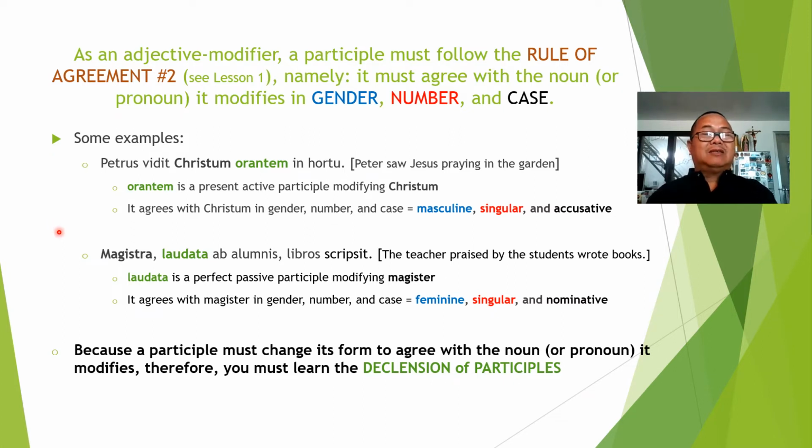We have to learn the complete declension of all the 4 participles that we have already studied. How to form them. This time, in order to use them effectively and correctly as modifiers, we have to learn their declension.